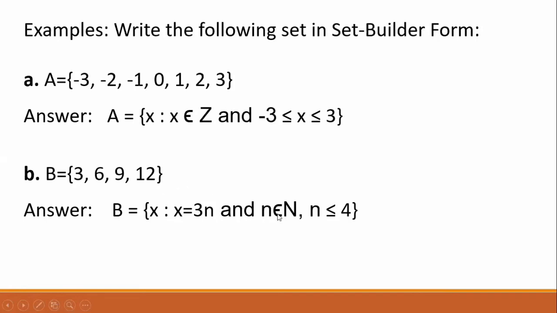And of course, n is an element of natural numbers, where n is less than or equal to 4 only. If n is equal to 1, 3 times 1 is 3. 3 times 2 is 6. 3 times 3 is 9. And 3 times 4 is 12. Since n is limited to only 4, therefore our set builder form notation is correct.